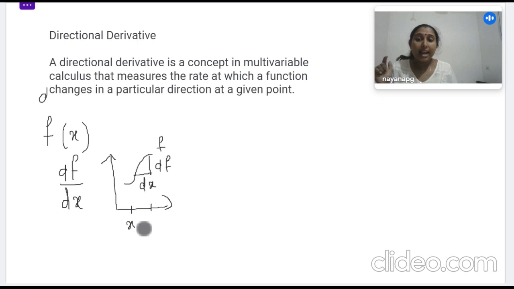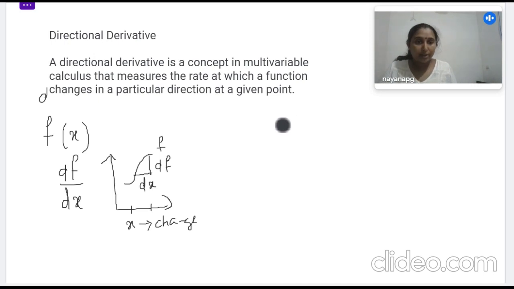So x is changing here, and we are measuring the rate of change of function f according to the change in x.